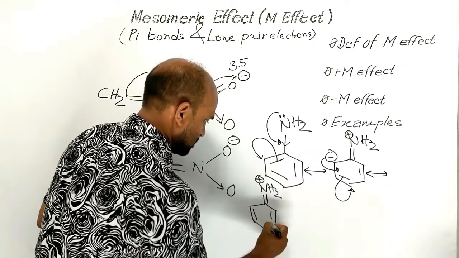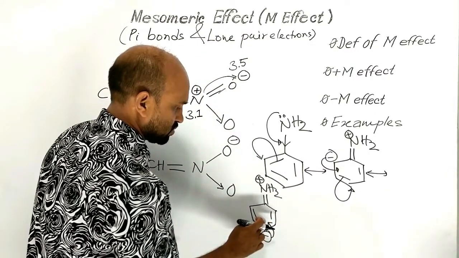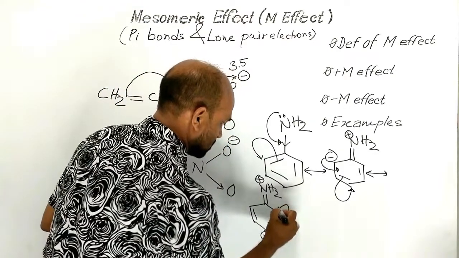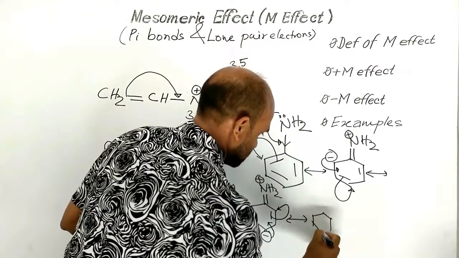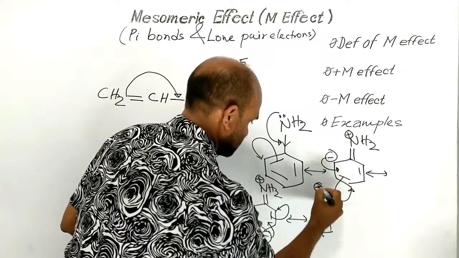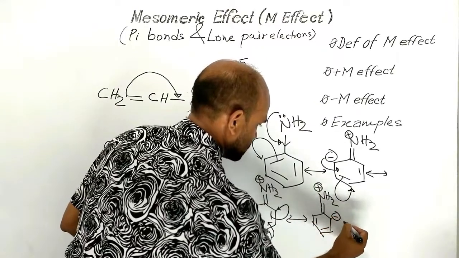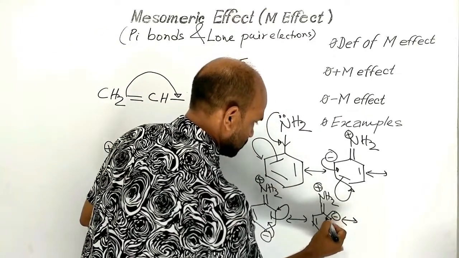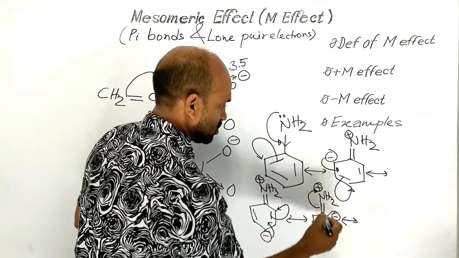Similarly, this electron pair turns into pi bond, and pi bonding electrons turn into lone pair of electrons. Plus, here double bond, here negative charge. Similarly, it turns into pi bond. This pi bond turns into lone pair again.